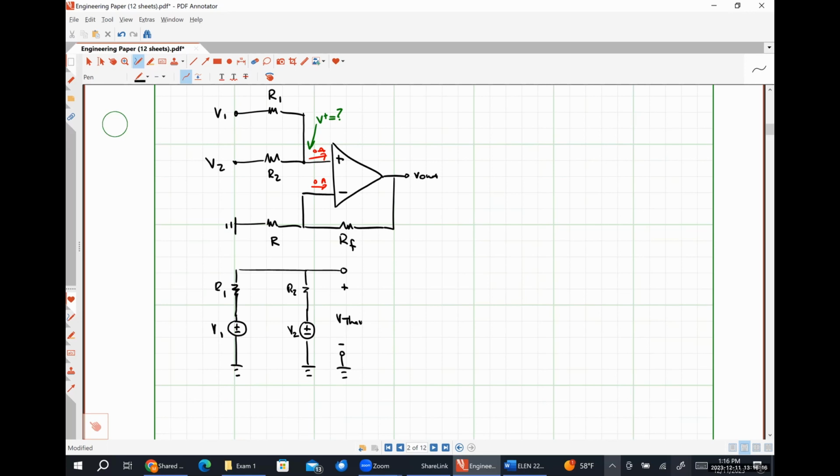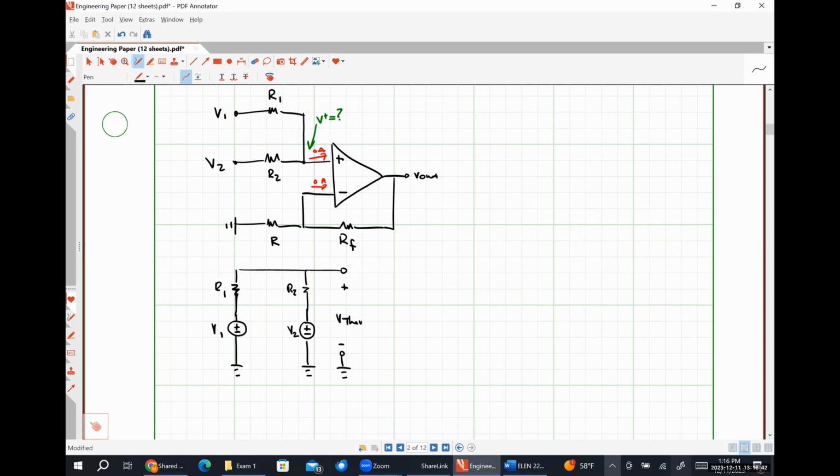And this is my Thevenin equivalent, which is going to be the same as the voltage drop applied at this node. All I've done is just disconnect everything to the left of the non-inverting input node. And I'm going to use that to figure out what this applied voltage would be, right? So any thoughts on how I might find that open circuit voltage?